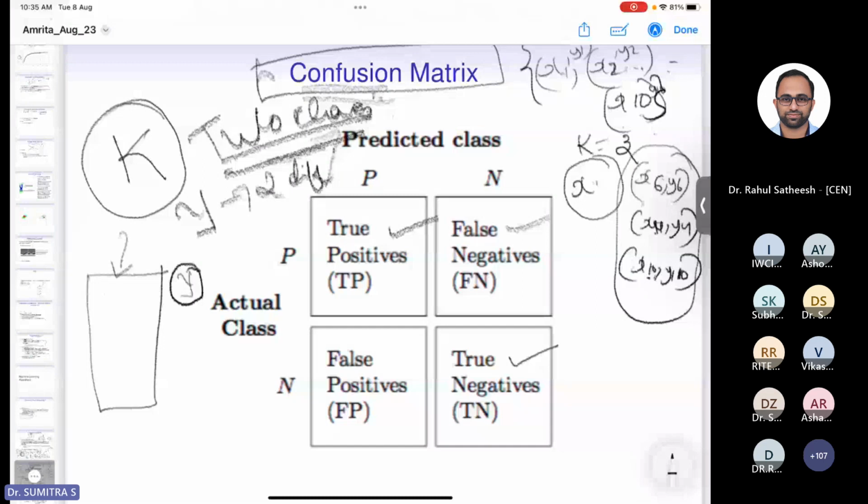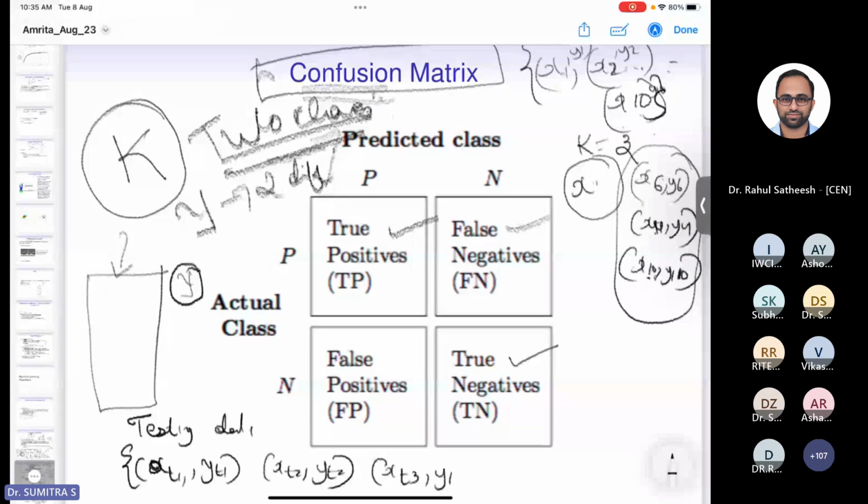For example, our testing data is given as xt1, yt1, xt2, yt2, xt3, yt3. yt1, yt2, yt3 are the given values.